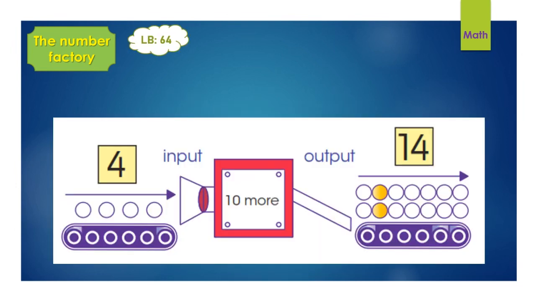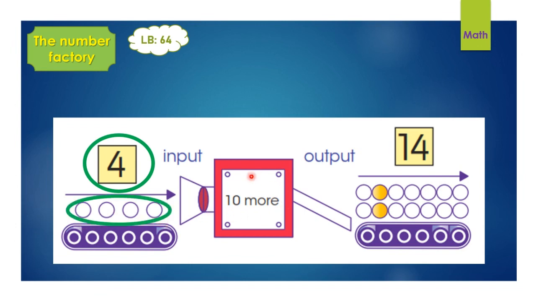Let's get back to our learner book, page 64. Here we have another machine. This machine wants to make 10 more. Okay, let's see. Here I have number 4, which means I have how many circles? 4.